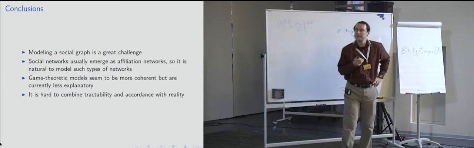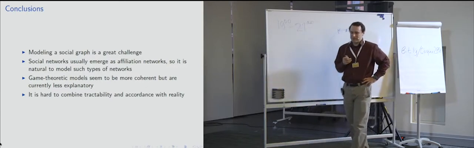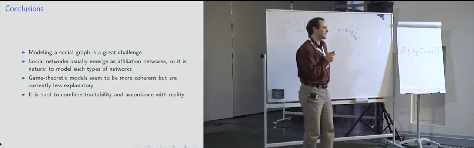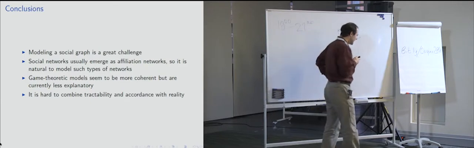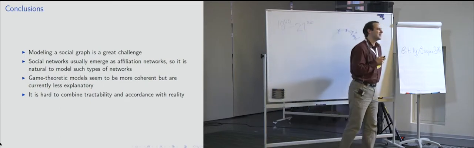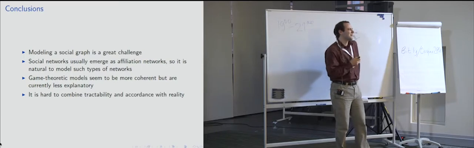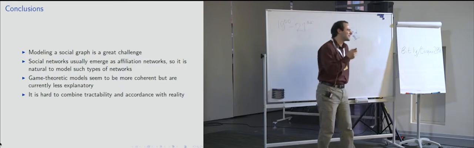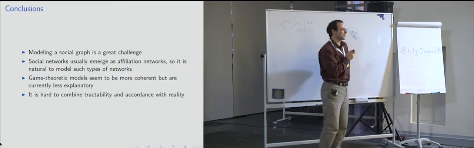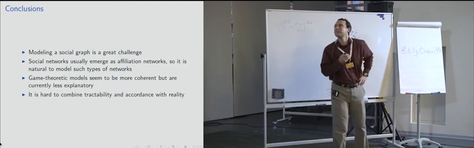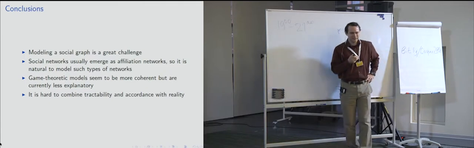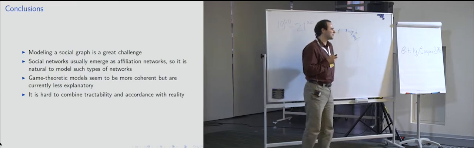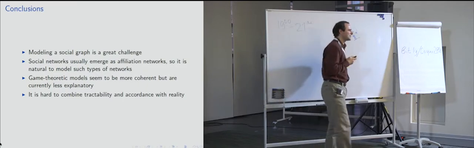And if we have a game-theoretic model that describes all the features that we see in real networks, then probably this model will describe the real process of network formation. But current models are not so explanatory, and so we are trying to make them more explanatory.